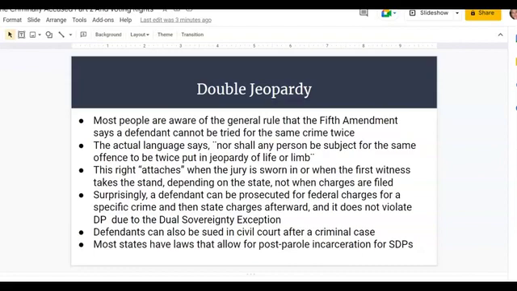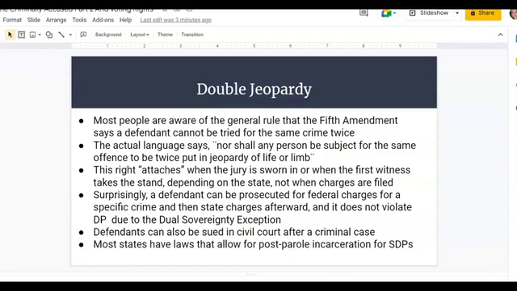And all the dual sovereignty exception means is what I just went over, that you can be prosecuted in federal court for a certain incident and then in state court afterwards, or vice versa, and it doesn't violate double jeopardy.